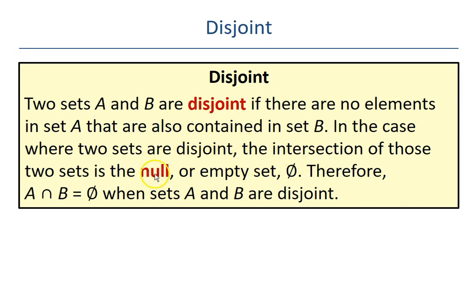And again, this gives us what is called an empty set, or a new word, again, this was mentioned earlier, a null set. And we know another way to indicate that would be braces with nothing inside the braces.